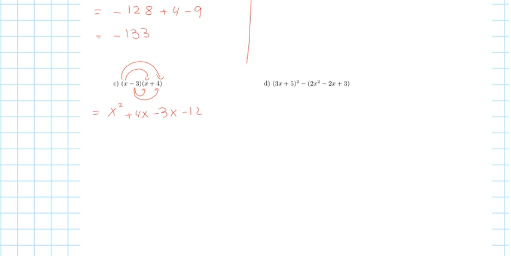Now, do I have like terms? Which are? So my middle two terms, these are like terms, so that's going to give me plus x minus 12. Okay.